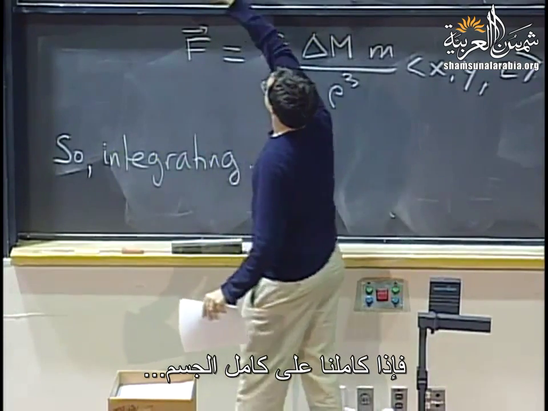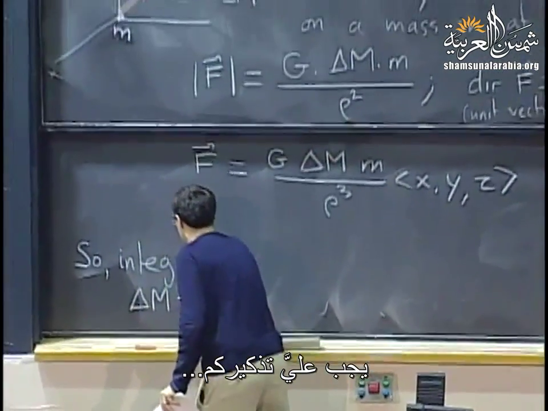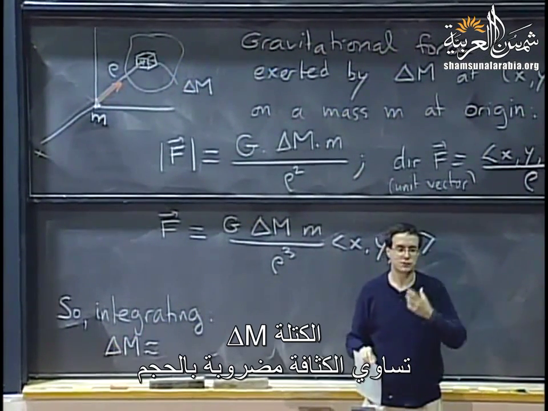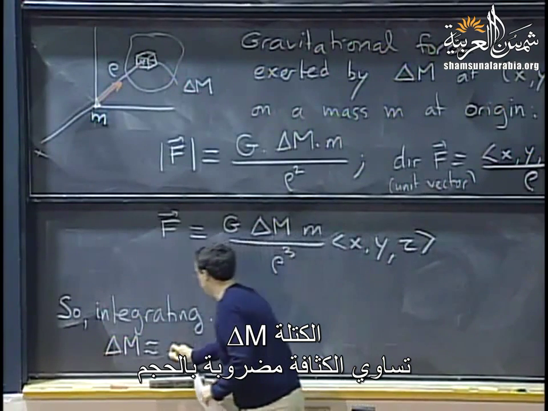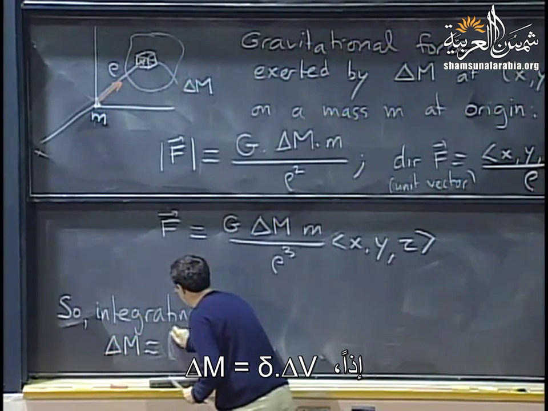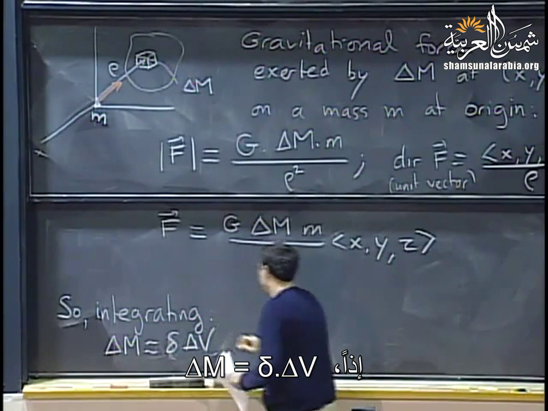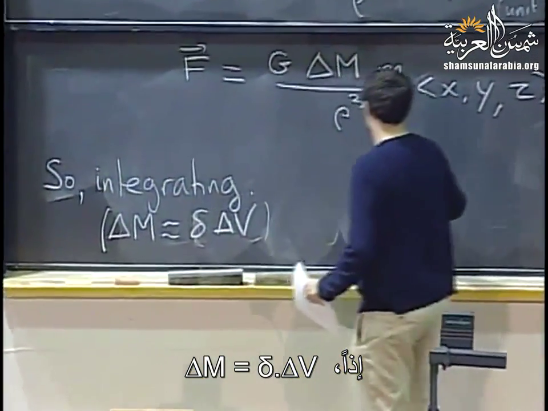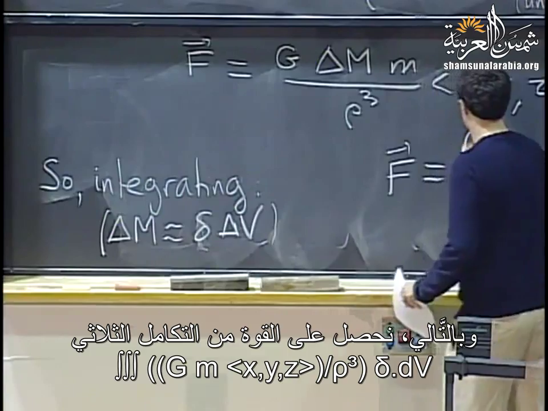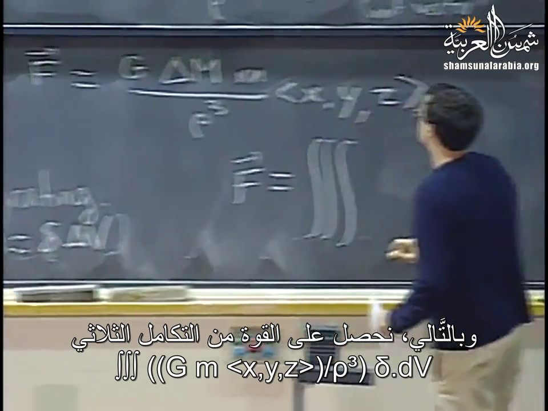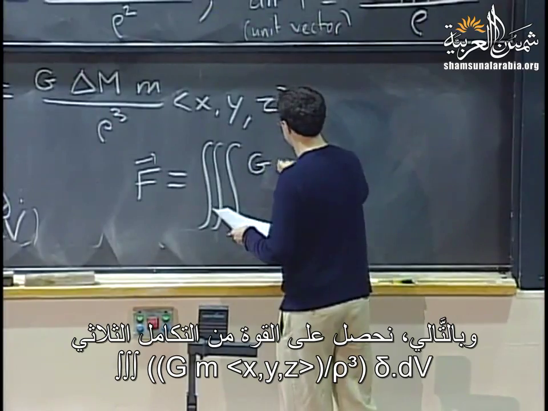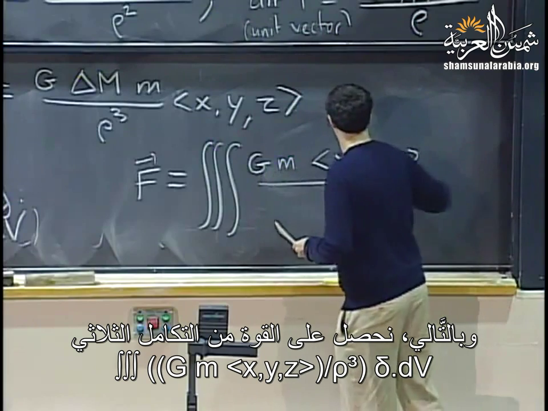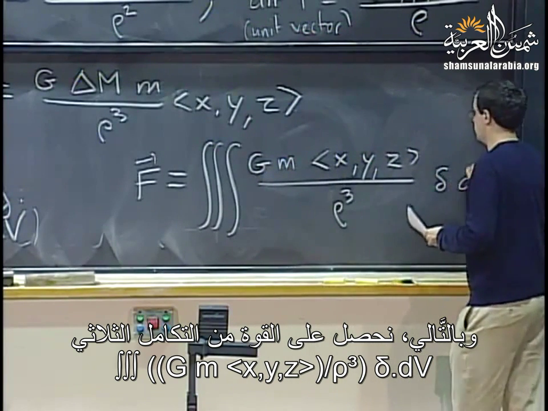If you integrate over the entire solid, and I have to remind you, what's the mass delta m of a small piece of volume delta v? Well, it's the density times the volume. Sorry, density is delta. It's a lot of Greek letters there, times the volume element. So you will get that the force is the triple integral over your solid of G m x, y, z over rho cubed delta dV.